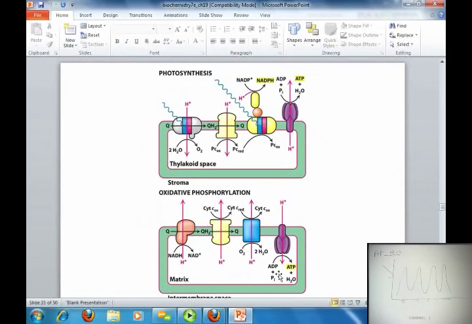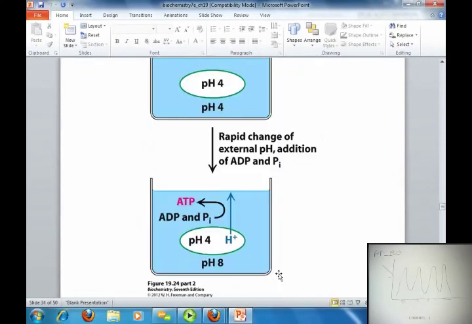Yes, I have a question on the third one. Which one? Here? Yeah, on the third one, when they change the pH outside to 8, do they just add, let's say, water? Is that the concentration on the outside? Whenever electrons are moving and water is splitting, the protons are released, correct?